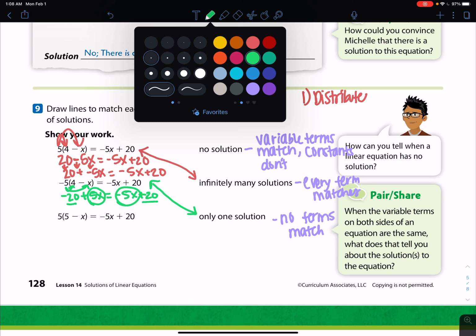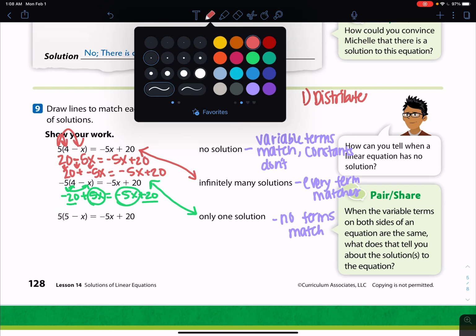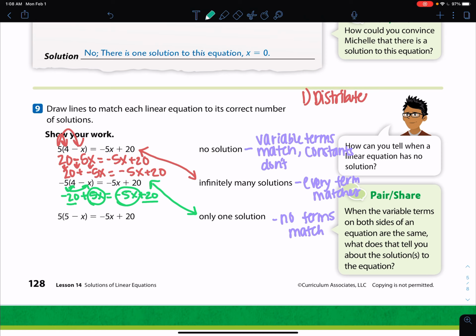All right, and then the last one, I'm going to distribute first. Sorry, I used this color already, so let's use a different color. I'm going to distribute my 5 to all my terms in my parentheses. 5 times 5 is 25. 5 times negative x is negative 5x, equals negative 5x plus 20. If you notice, same thing.